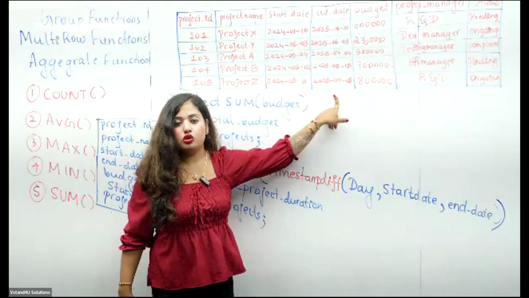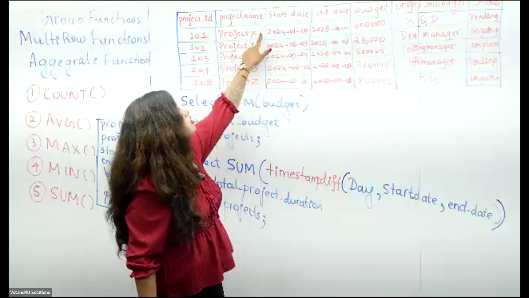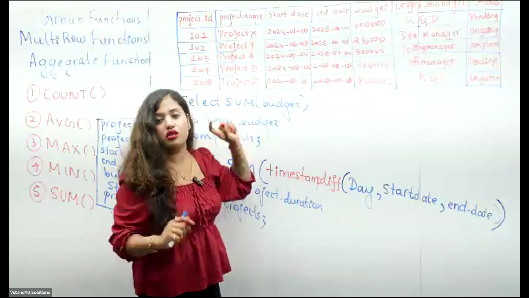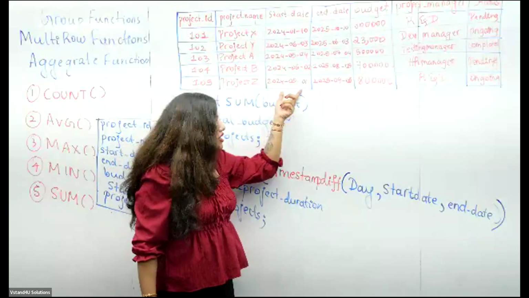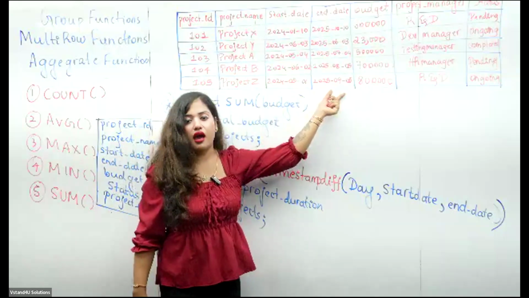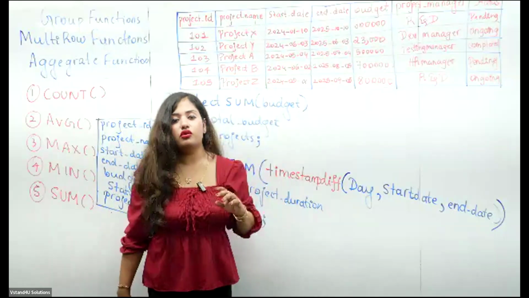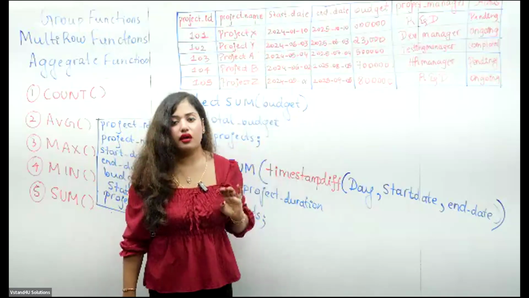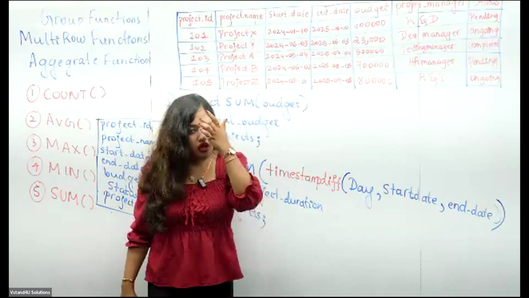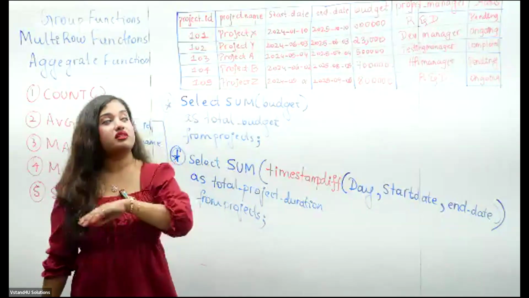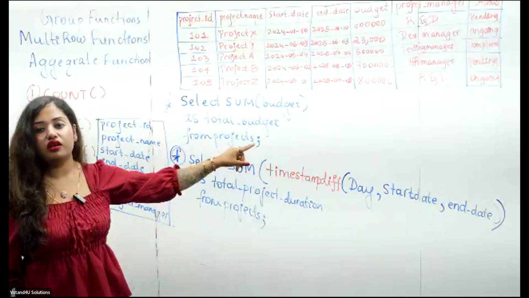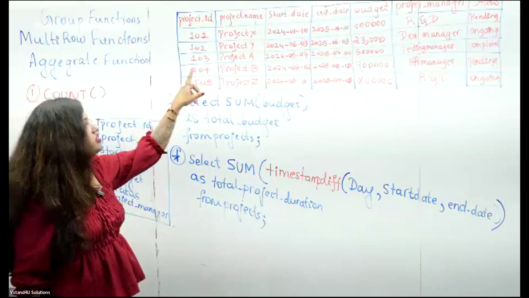Clear? When I take the start date minus the end date, I will get the total duration for this project. In mathematical terms, start date minus end date gives you the total duration of this project.